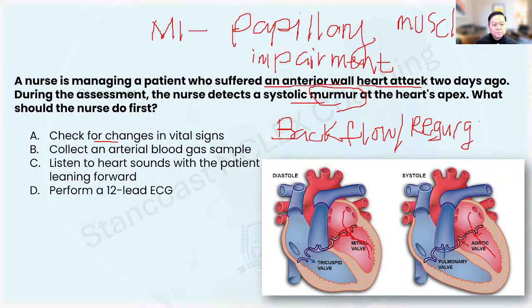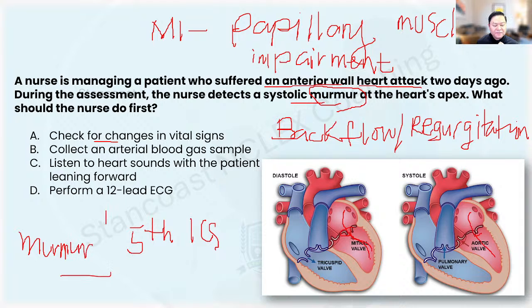So you know, regurgitation. This can be heard as a murmur, an extra sound into the fifth intercostal space. The murmur can be auscultated on the left fifth ICS.